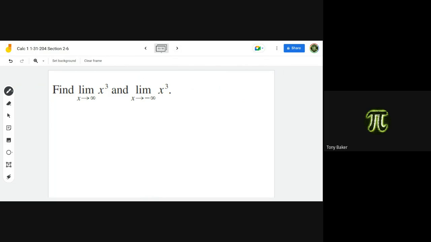What's the limit of x to the third as it goes to infinity? It's infinity, right? What's the limit as x to the third goes to negative infinity?